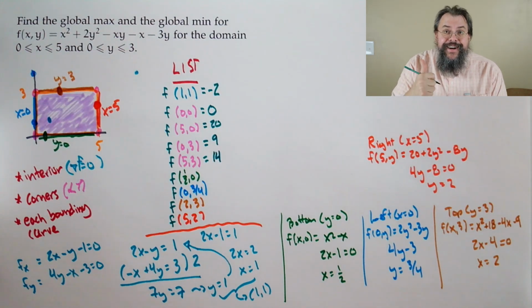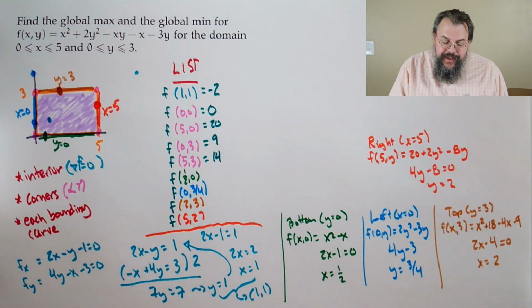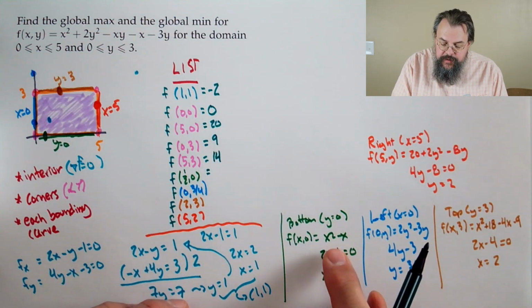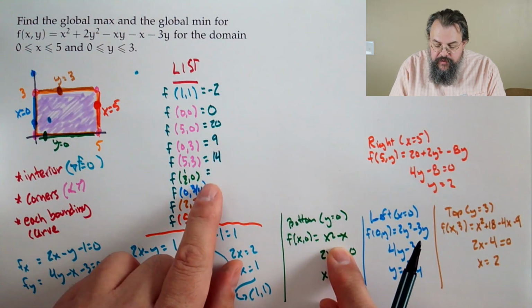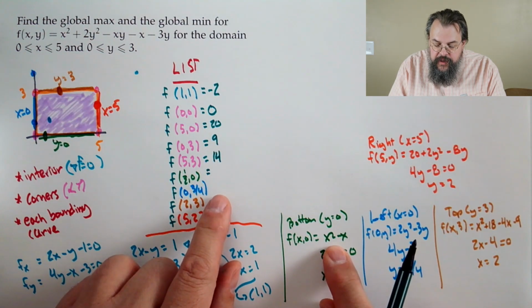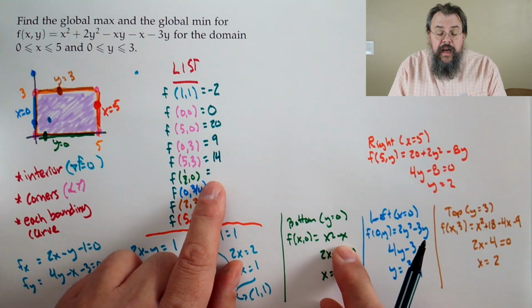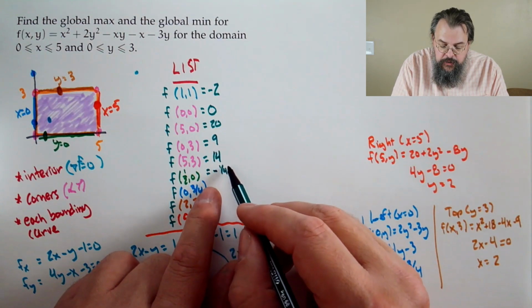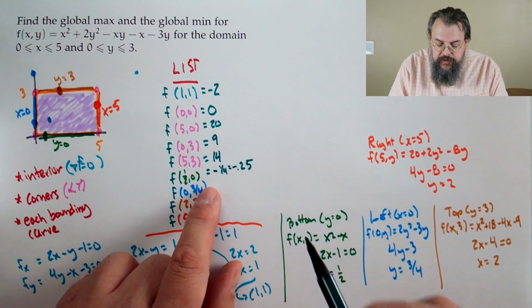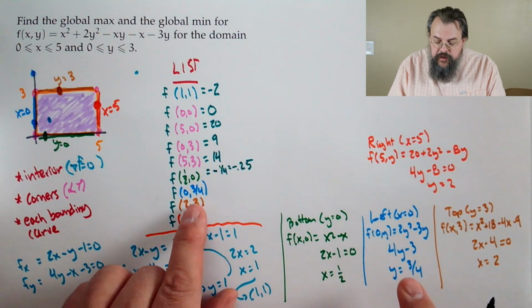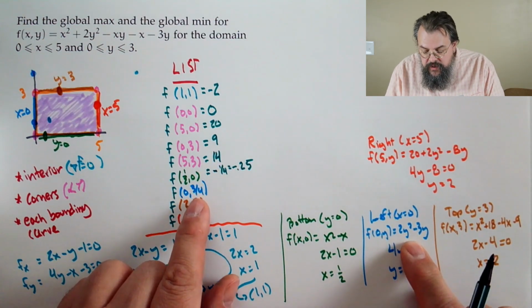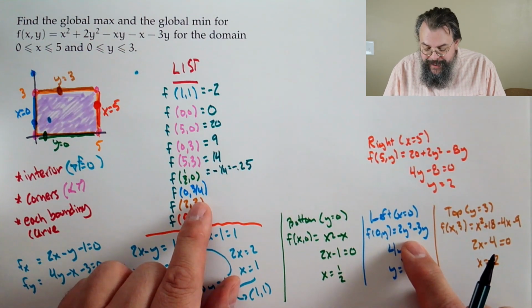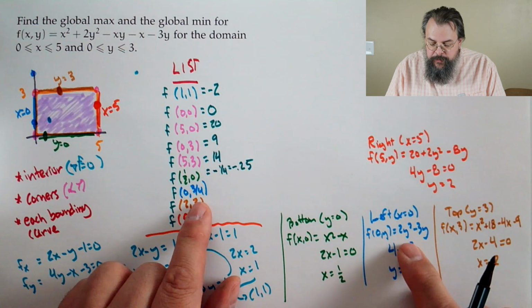Now, the edges. All right. (1/2, 0). I like to just use these pieces. 1/2 squared is 1/4. 1/4 minus 1/2 is minus 1/4, which is minus 0.25. Okay, (0, 3/4). Maybe let's try not to do that one in our head, because we have some numbers to work with here.